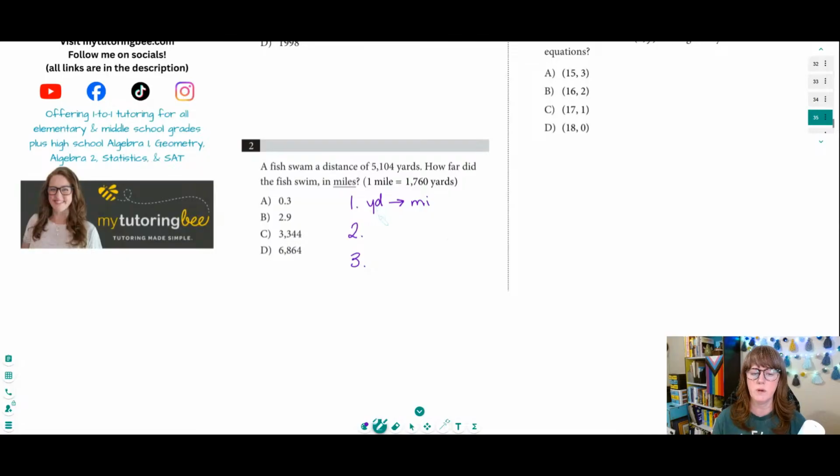And so when we are going from a smaller unit to a larger unit, we're going to divide. So I'm just going to put the division symbol there. And then I'm going to write out my division problem. So we've got our yards of 5,104 divided by 1760. And let's see what that is. So that comes out to be 2.9, which is one of our answers right here. So selection B.